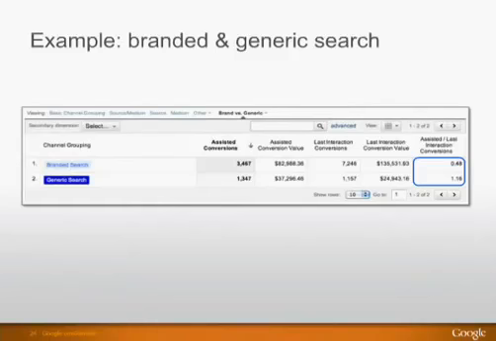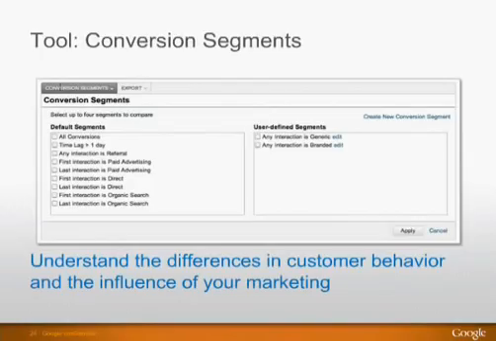And then I could take this grouping, create another one for non-branded search or generic search, and compare what role are they playing. And I can actually see here, this is the assisted conversions report, that the generic search is actually doing, relatively speaking, more assisting than the branded search, which makes sense and confirms a lot of what people expect, that generic search can occur earlier in the process and then be followed by other touch points.